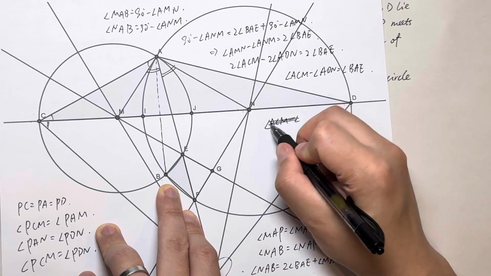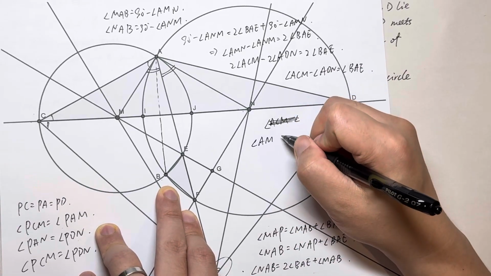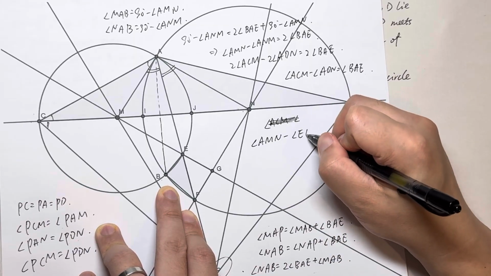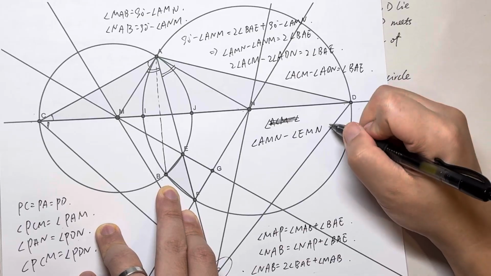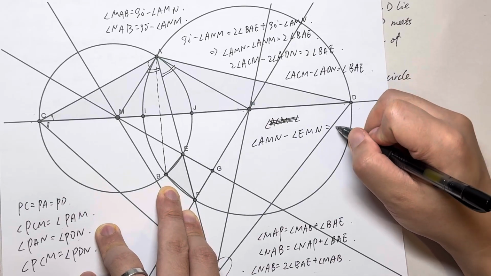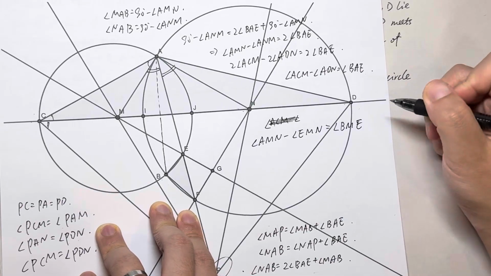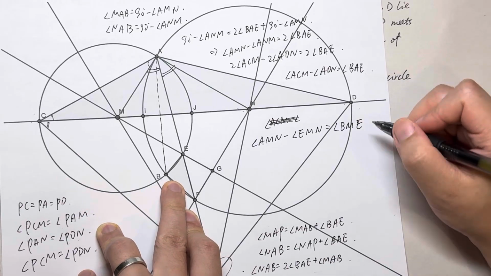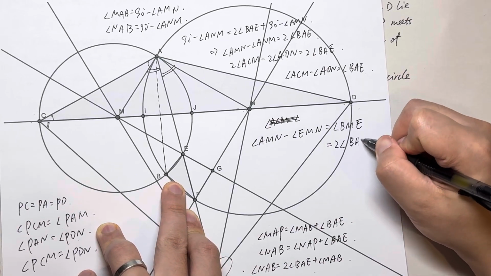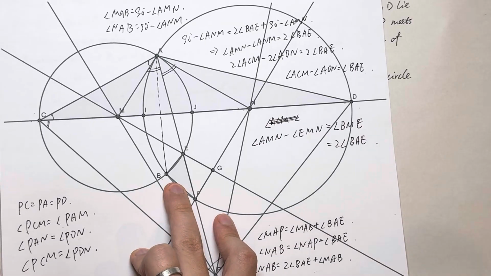actually let me write it this way. The angle AMN minus angle EMN equals angle BME, right? And equals twice angle BAE, which can be considered as very obvious, right?